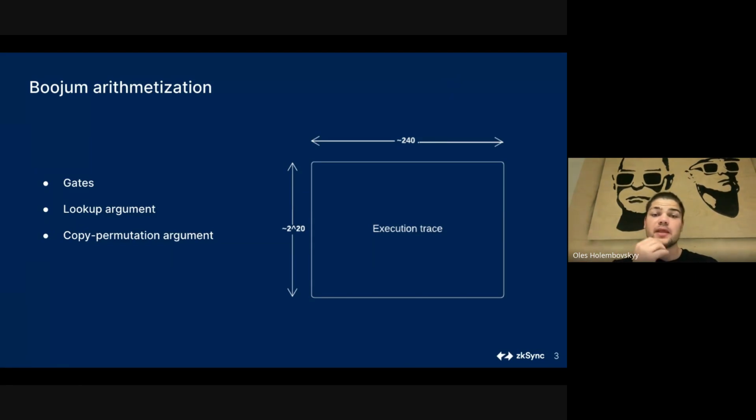Okay, so let's continue. The height should be a power of 2. Also, you want to keep your width as small as possible, because your proving and verification will grow linearly with the number of columns, while verification grows only logarithmically in the number of rows because of FRI.